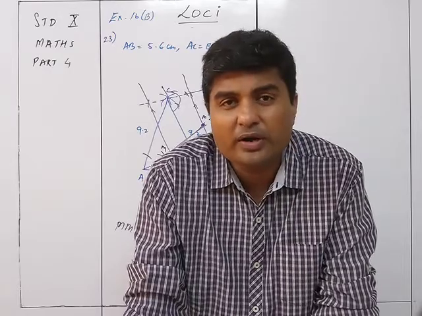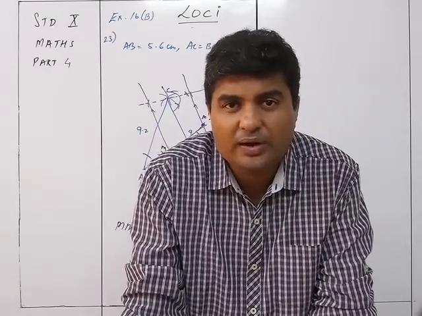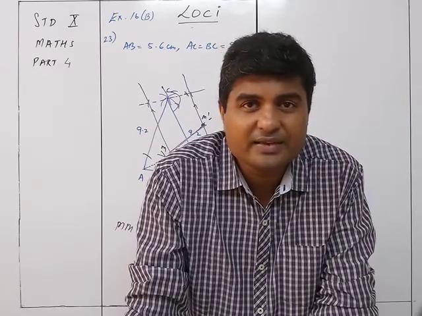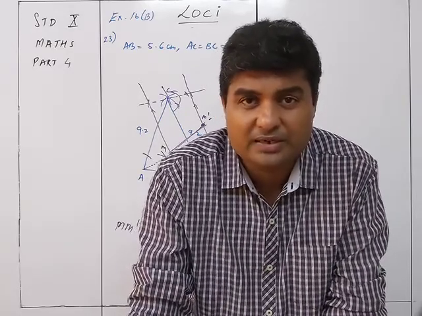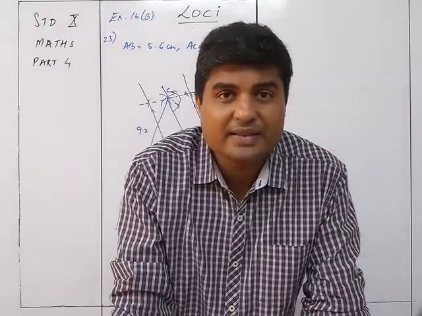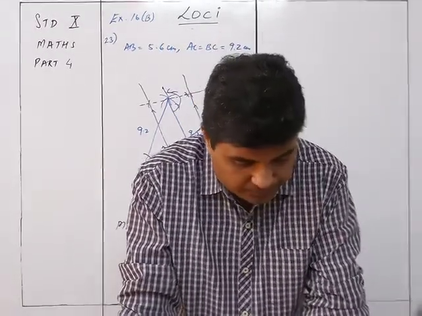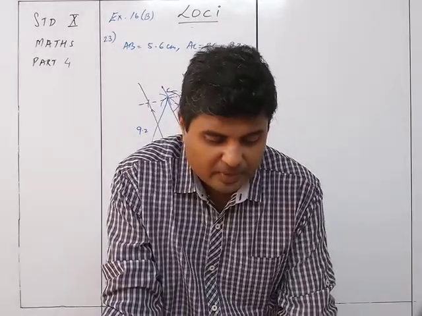So it's very important to be very cautious when you are writing the answers, whether they have asked any such question or not. If at all they have asked it, be very attentive to write that thing before you go to the next question. So that was sum number 23.